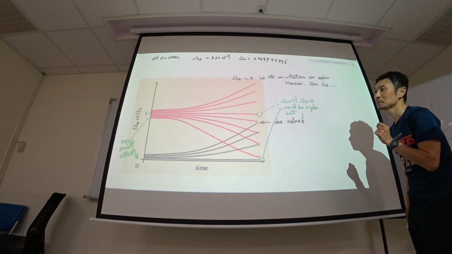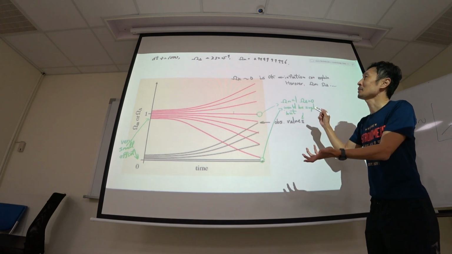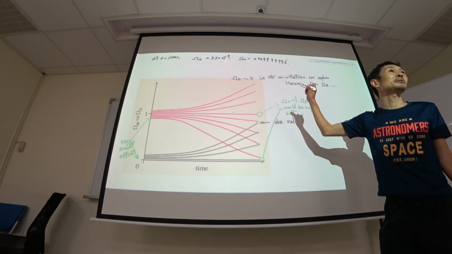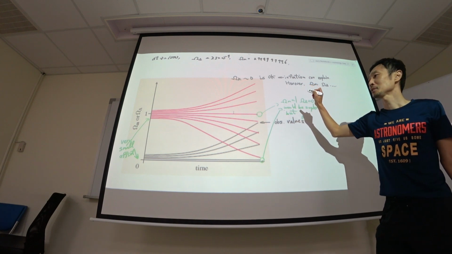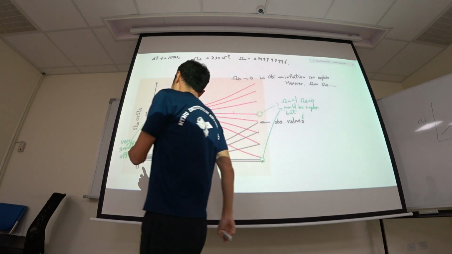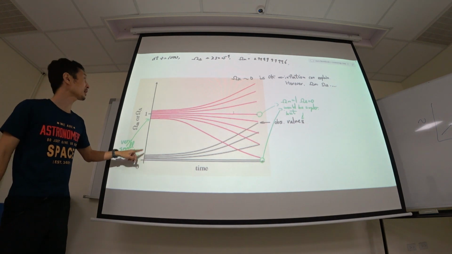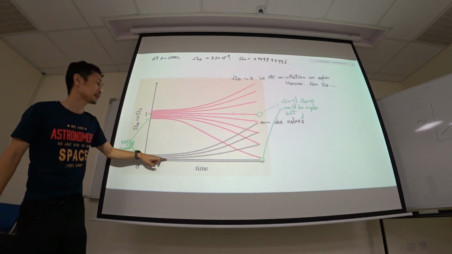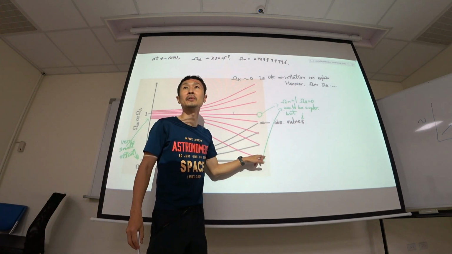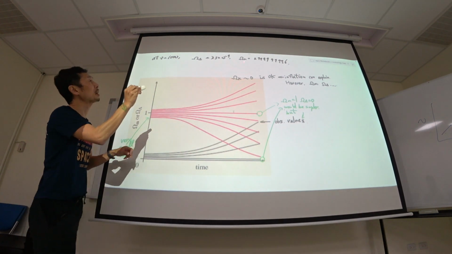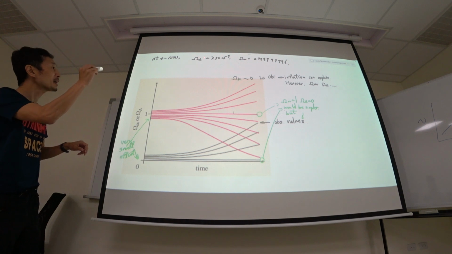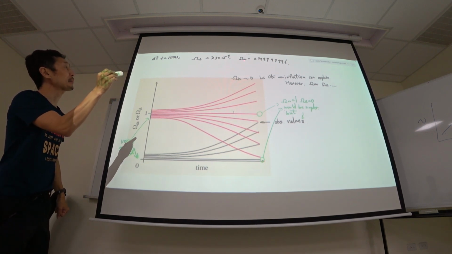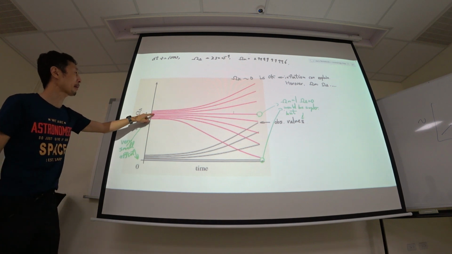Maybe you think, okay, it might go to 0, it's a very small number. But if you start omega matter at 0, then omega matter stays 0. If you start with omega lambda at 0, then omega lambda stays 0. And if omega matter is 1, then omega matter stays 1.